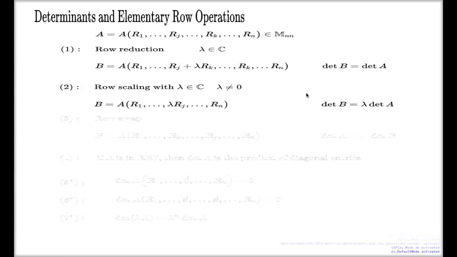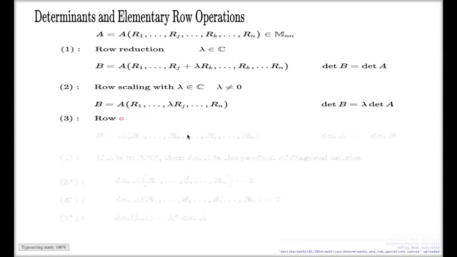So the determinant of B will be lambda times the determinant of A. In particular, if you scale the whole matrix by lambda, not just a row, but the whole matrix, meaning that you scale every row by lambda, the determinant will be scaled by lambda to the power n, because you did n individual scalings, one for each row.